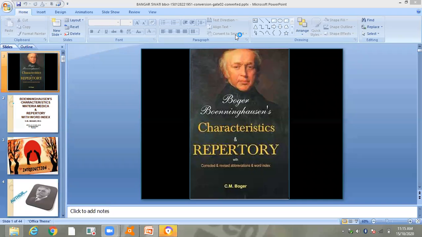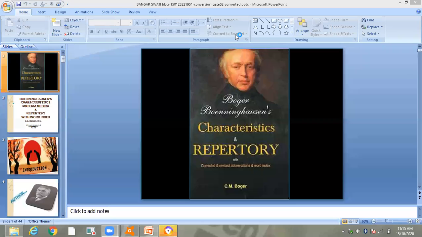In this repertory, BBCR, in the concordance section, the section of relationship of remedy, there are about 125 remedies. Though the arrangement of this concordance section was the same as BTPB, the number of remedies under each heading is less.